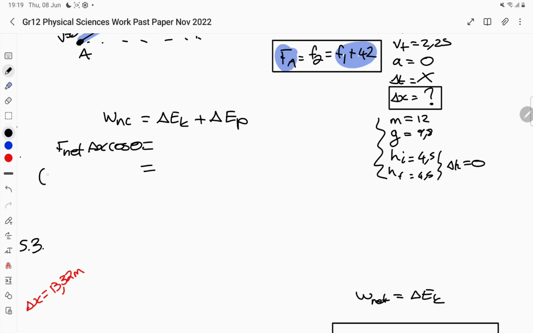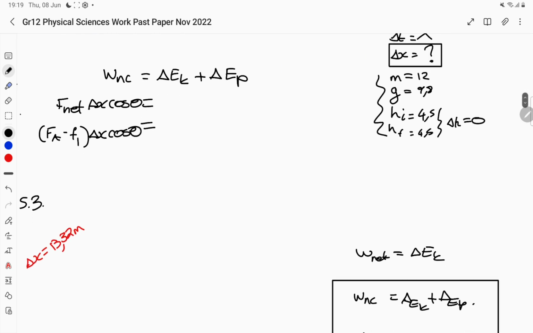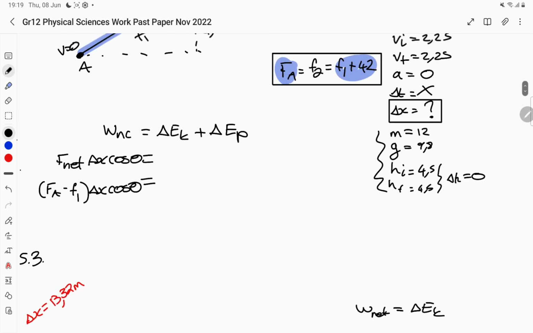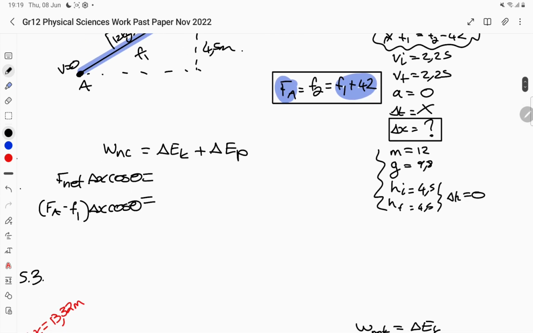So that will be our force applied minus our friction. Not F2, F1, we're going up the plane. So, delta x and cos of theta. Now, it said that it's moving up the plane, so FA will be positive and our friction will be negative going up the plane. And the Fnet will be in the same direction as the delta x.